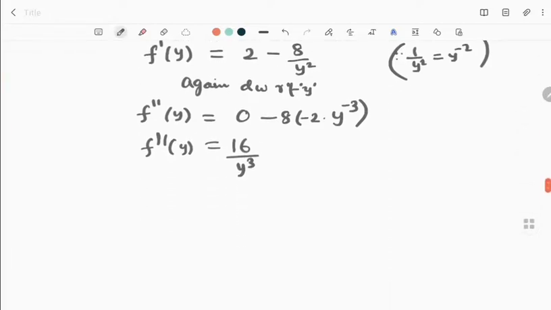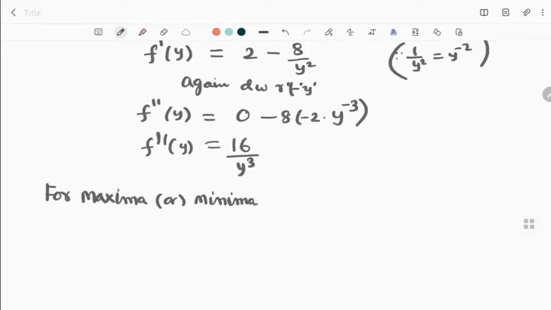So now for maxima or minima, f dash of y equal to 0. Then we can say that it is stationary. To get the stationary point, we are doing like this. You remember, dear students.